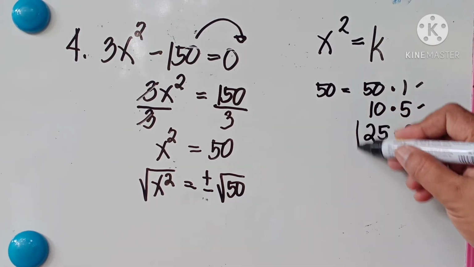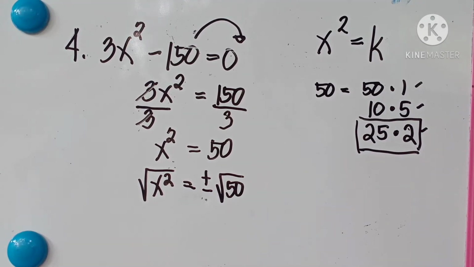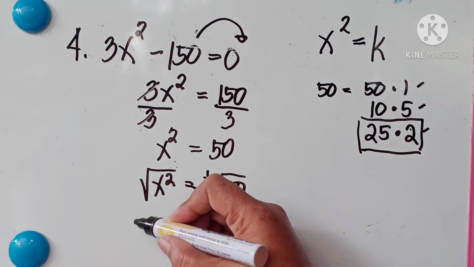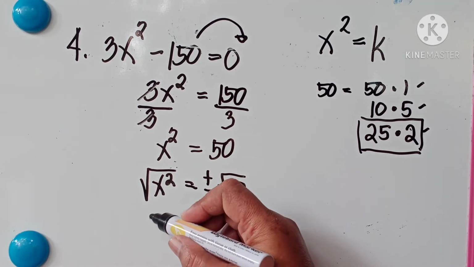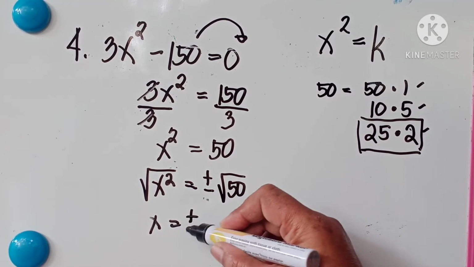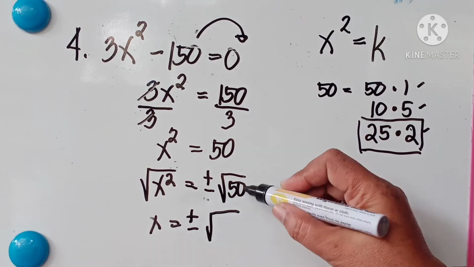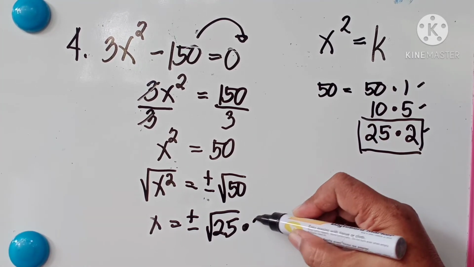Okay, so we have here 25 and 2. So, pwede na natin kunin ang square root of x squared, that is x, then equal to positive negative square root of 50 is 25 multiplied by 2.